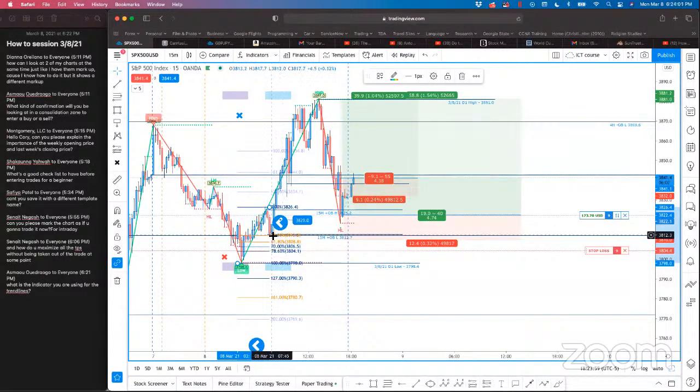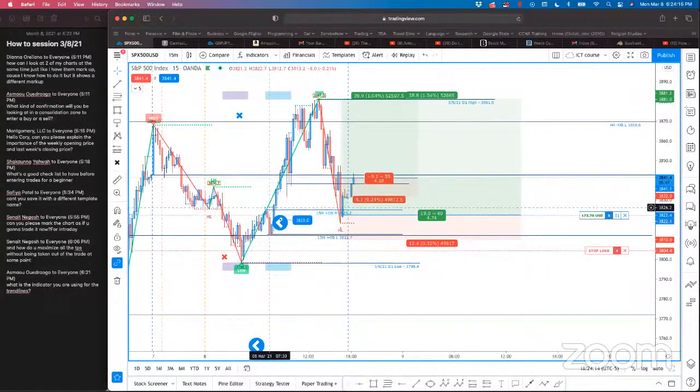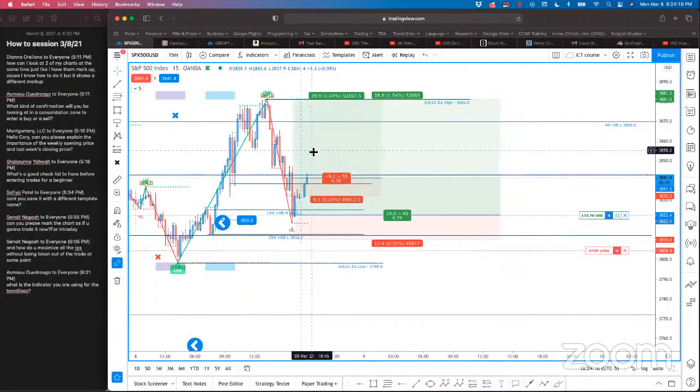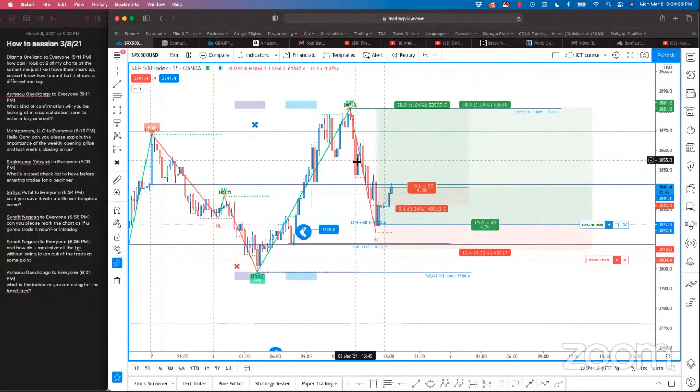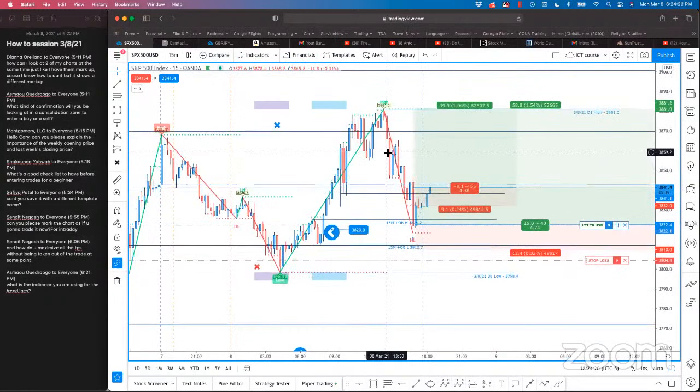By the time it came back, we would have hit the 0 that would have been right here, the -27 that would have been right here, 618, and the 100. So it never came back down to it, right? If we took this, I don't think we got an entry on this one for the sell.